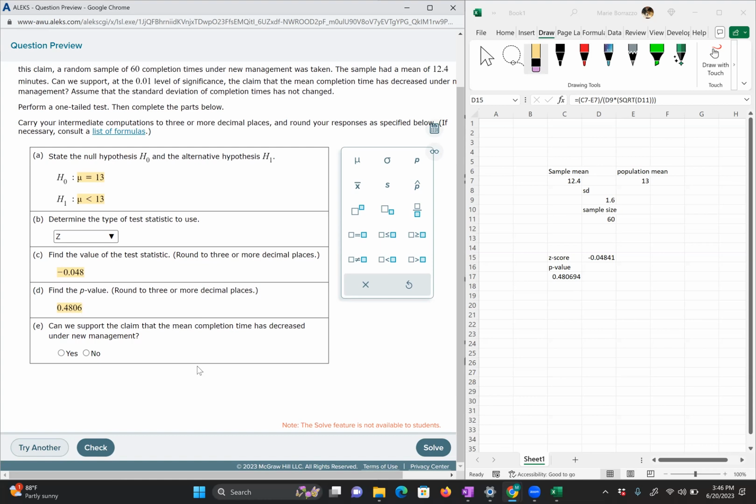let's see what we do have. We know that the mu is 13. The standard deviation is 1.6. The x-bar is 12.4. And the sample size is 60. And they're saying that this is less than.